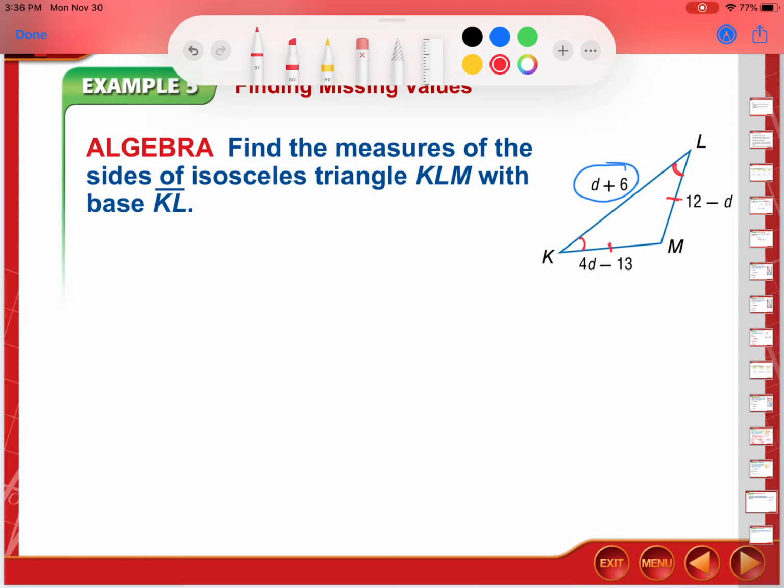So on isosceles triangles, your angles that are across from your side lengths that are the same are always the same. Since this obtuse angle is your different angle, the side directly across from it must be different, or your varying side length. So it's the one that does not belong, essentially.